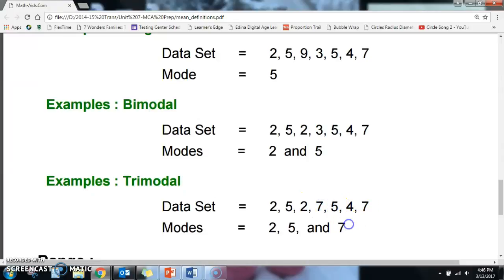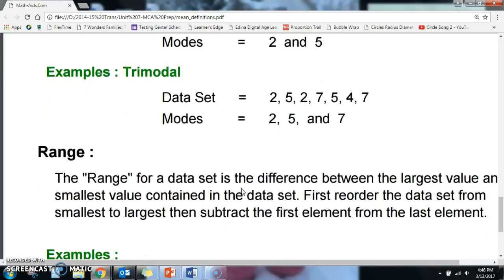So those would all three be the mode because they're listed the same number of times as each other. You could also have no mode, like I was saying, where none of the numbers are listed more than another number, and for that answer you would just say no mode, and that might happen.